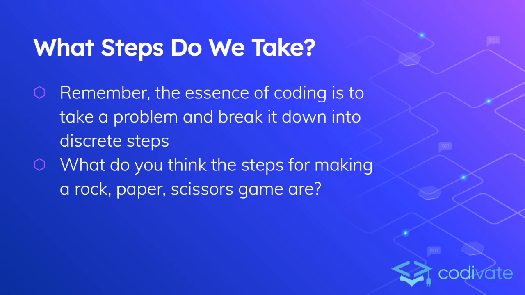Basically, the easiest way to do this, and the best way to do this, is to break down the problem into discrete steps. So, when we're making rock, paper, scissors, what are the things that we want to do? Think to yourself. I think the things we want to do are 1.